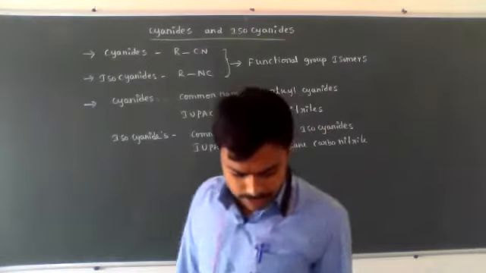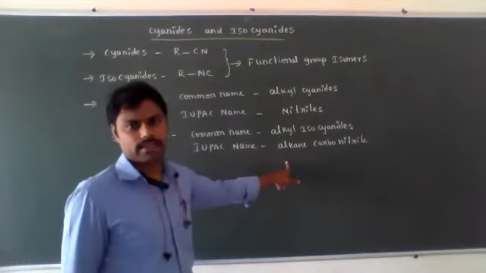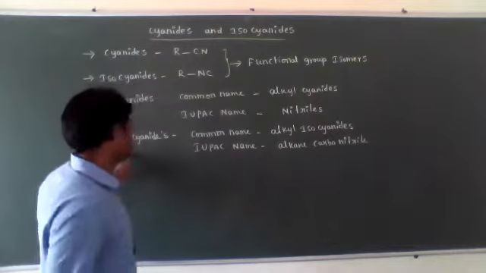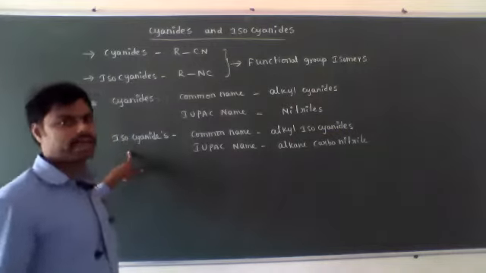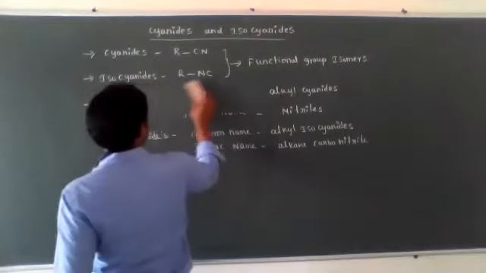Alkane carbonitriles are the IUPAC names of isocyanides. Okay, according to that, I will give you some examples. Let's see.